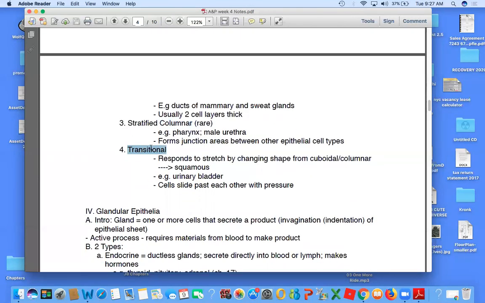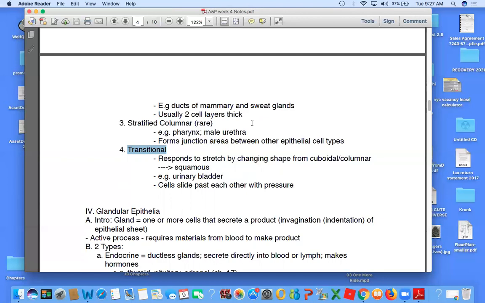My favorite of all is transitional epithelial. I'd remember that. And it's in your manual and in the atlas. It is what is found in your urinary bladder. It helps you to prevent your bladder from exploding. Let me tell you how. I was like this when I learned this in physiology.